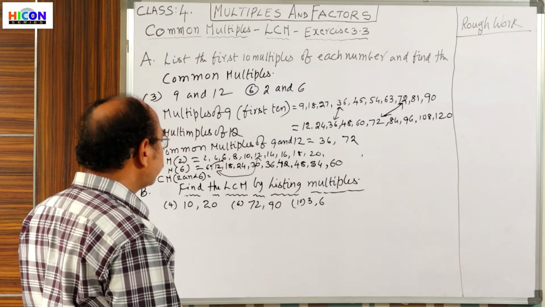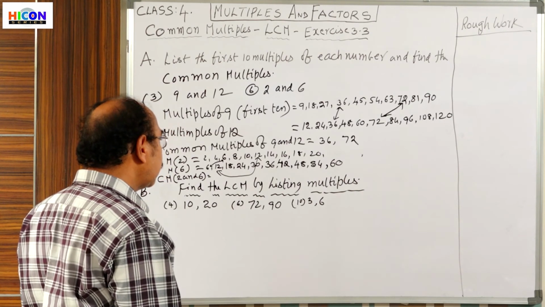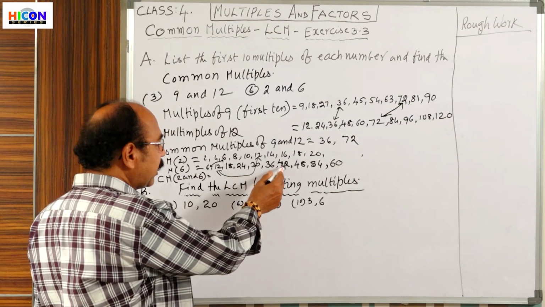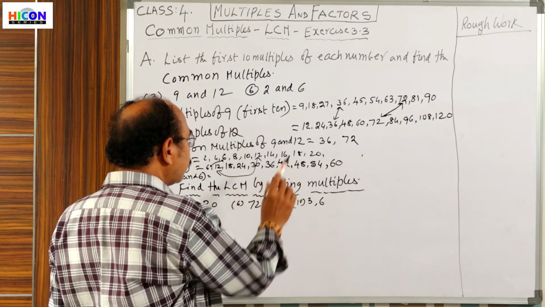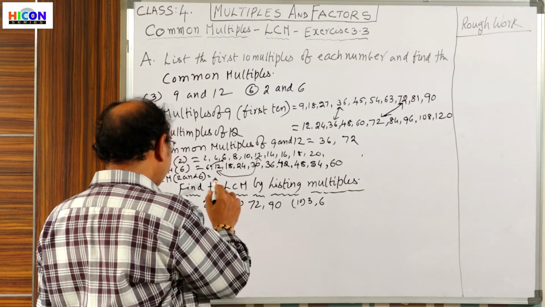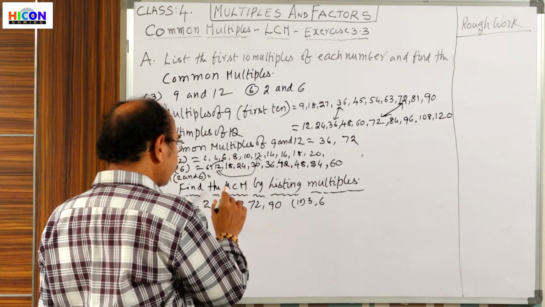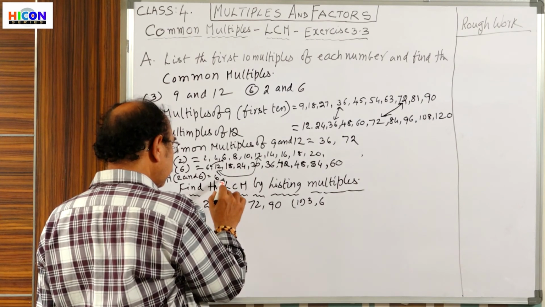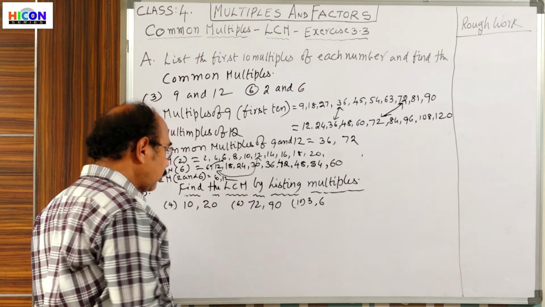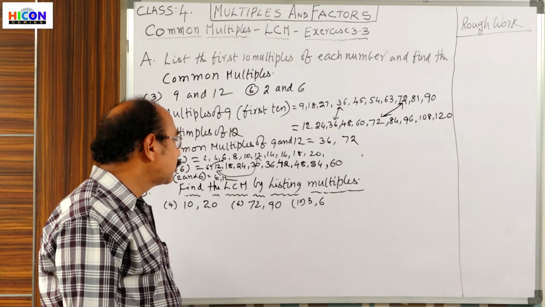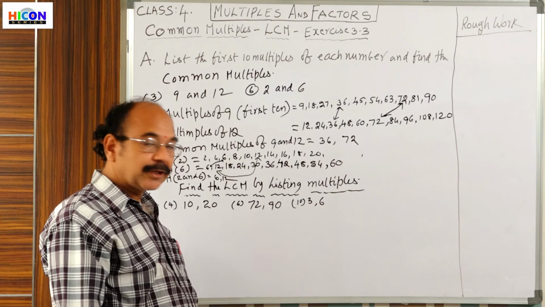Any more here? No. So the common multiples of 2 and 6 are 6 and 12. Like this, we can select the common multiples.